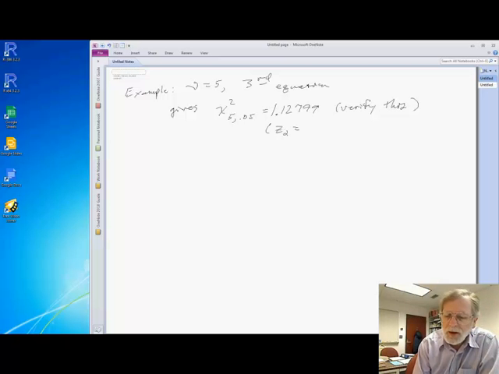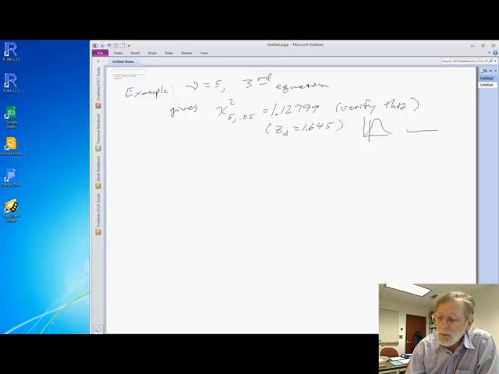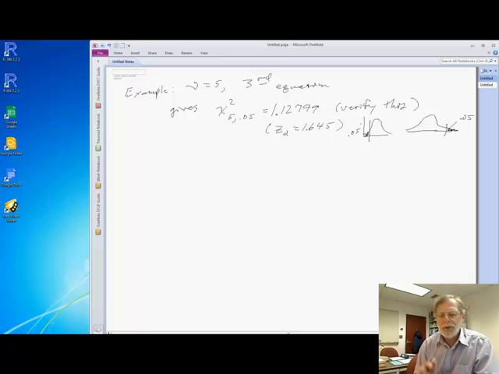Z sub alpha is, in this problem, 1.645. So it's good to have a quick mental image of what these two distributions are looking like. Over here is 0.05, and over here is 0.05. See, they're opposites.